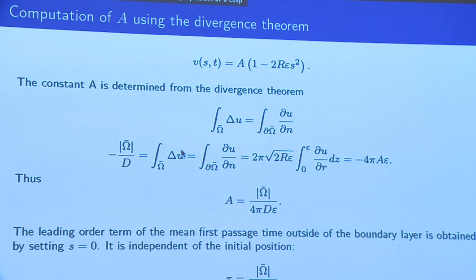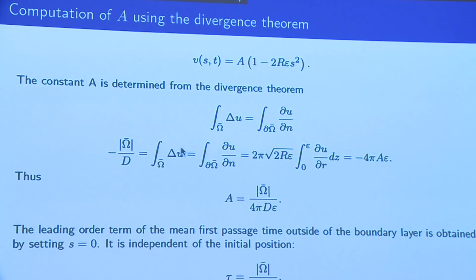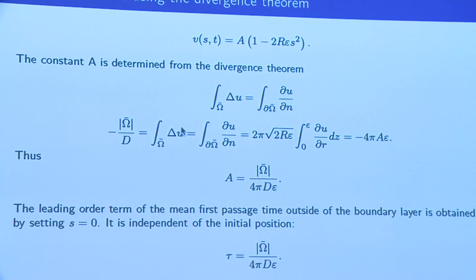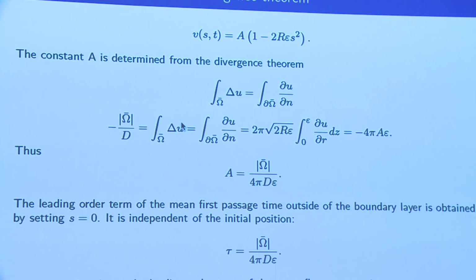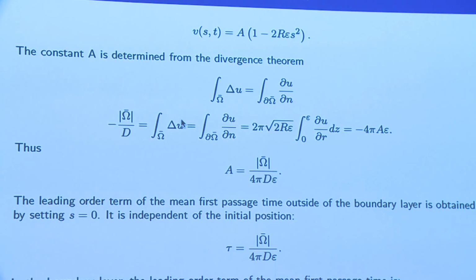The Laplacian of u equals minus the volume of tilde Omega over d just comes from the equation, d Laplacian u equal -1. And the other part, because we have reflection everywhere except at the hole, says that this integral on the border is exactly the integral of the solution at the hole. It's good because we have a solution at the hole.